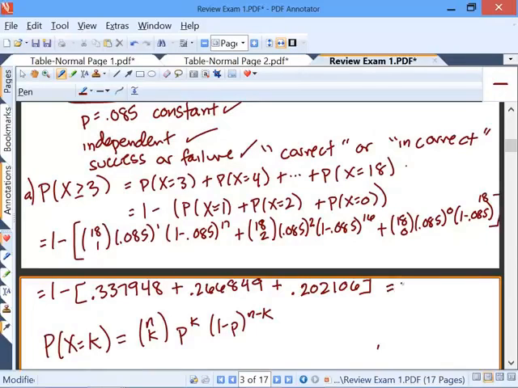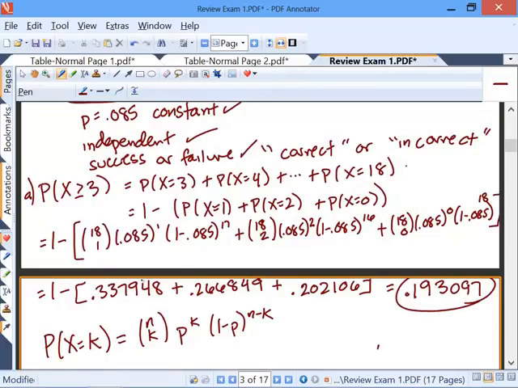So I get that my total probability of 1 minus all of those is 0.193097. Anyone else? 0.21. Okay.